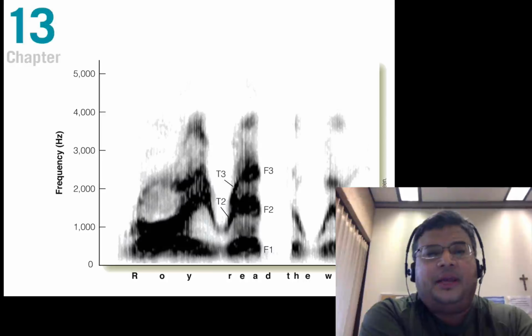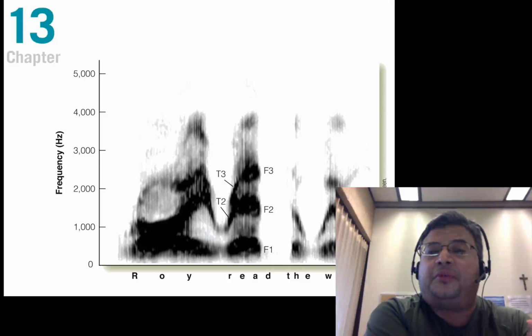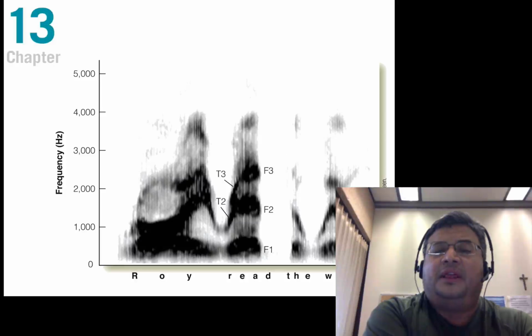This right here is a frequency spectrograph, and basically what you can do is run the speech through a spectrograph that analyzes the signal for all of the frequencies that appear inside of the signal.